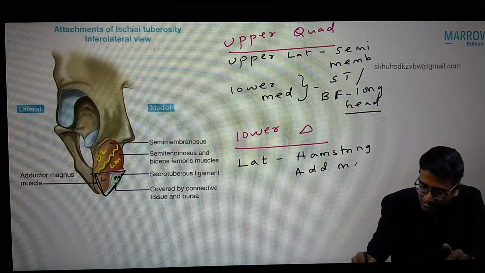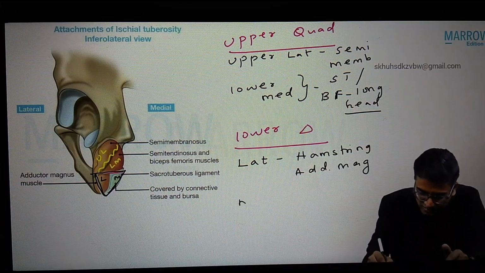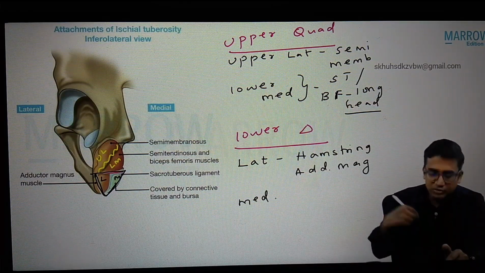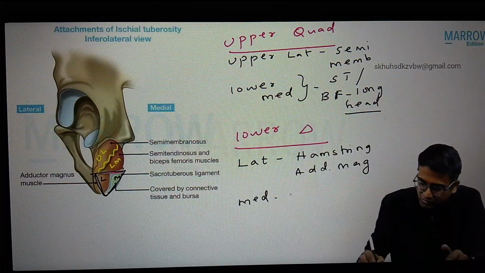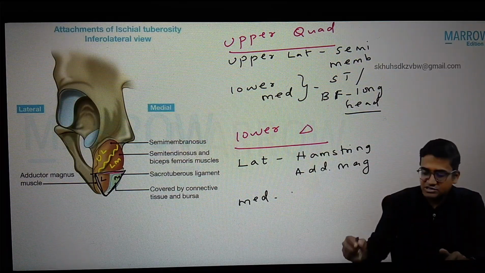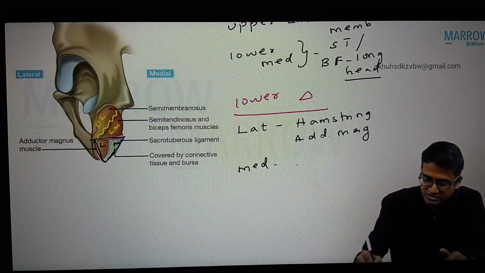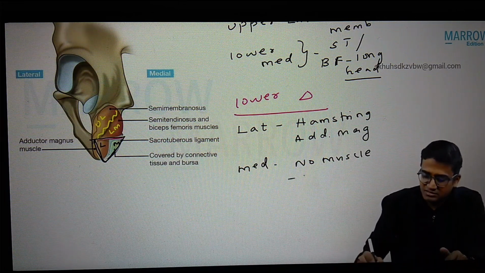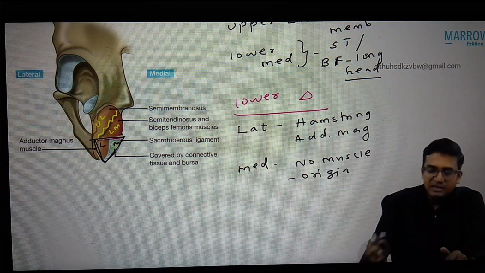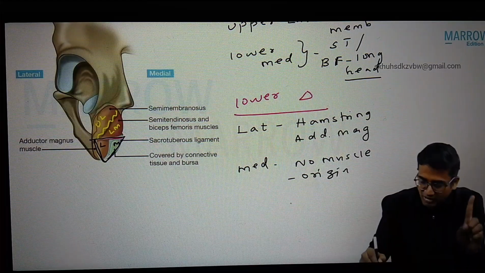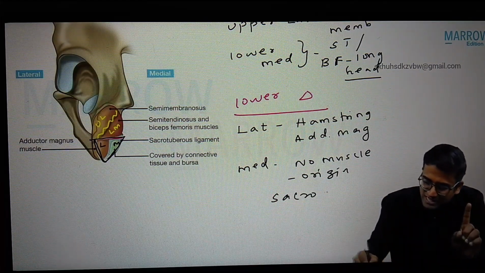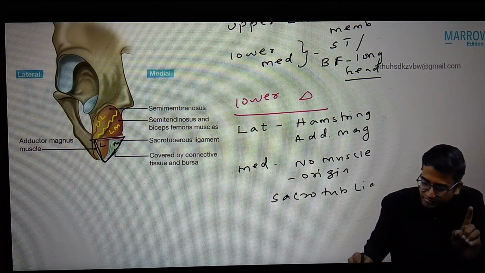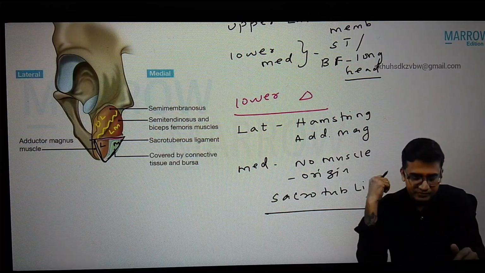The medial part does not give origin to any muscle; it gives attachment to only one ligament. What ligament? The sacrotuberous ligament.